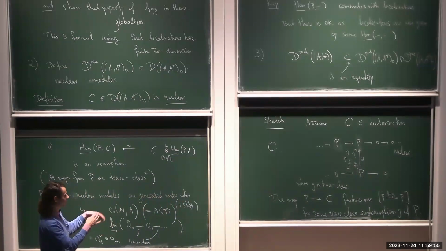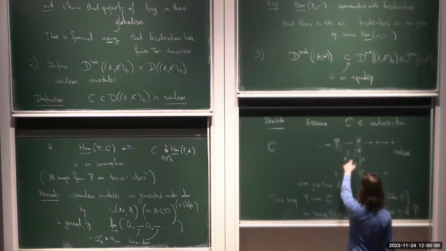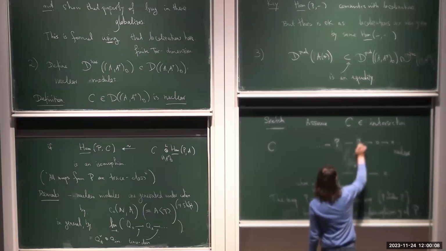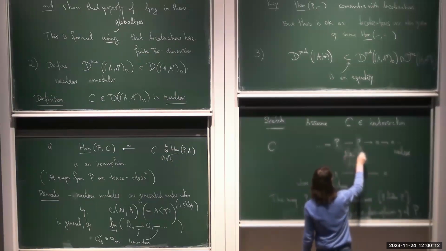So this is just some playing around with the fact that P is projective and so on, and the definition of nuclearity, reduced to trace class things and so on. So yeah. Right, so in the end, you see that there is actually a way to put 1 minus G here.